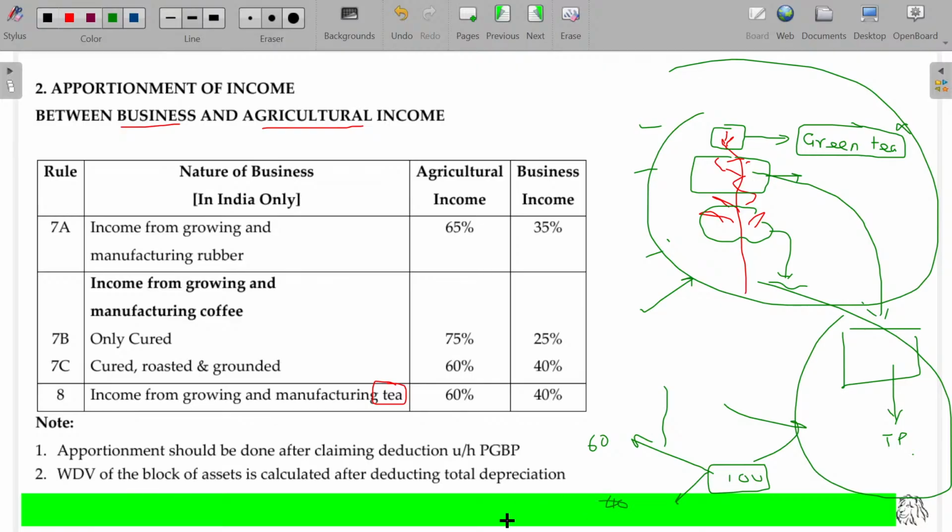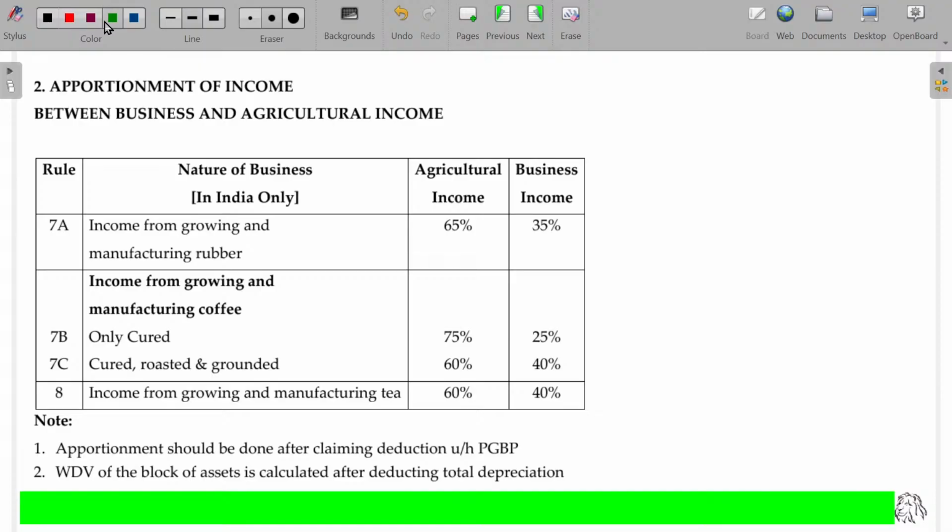Is that clear? Now see, in case of tea, 60% is agricultural. In case of rubber, 65% is agricultural. In case of coffee, we have two varieties.